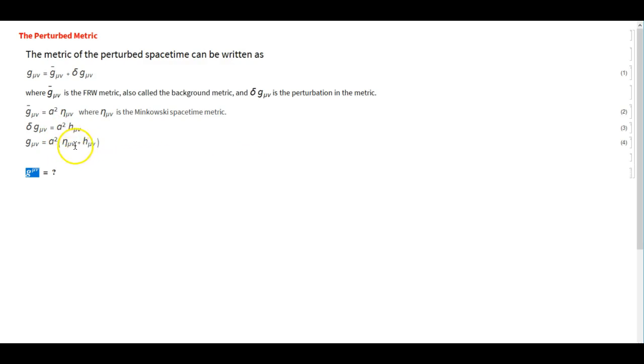If you write the background metric in the FRW system, you have this multiplied by this, and this is alpha.